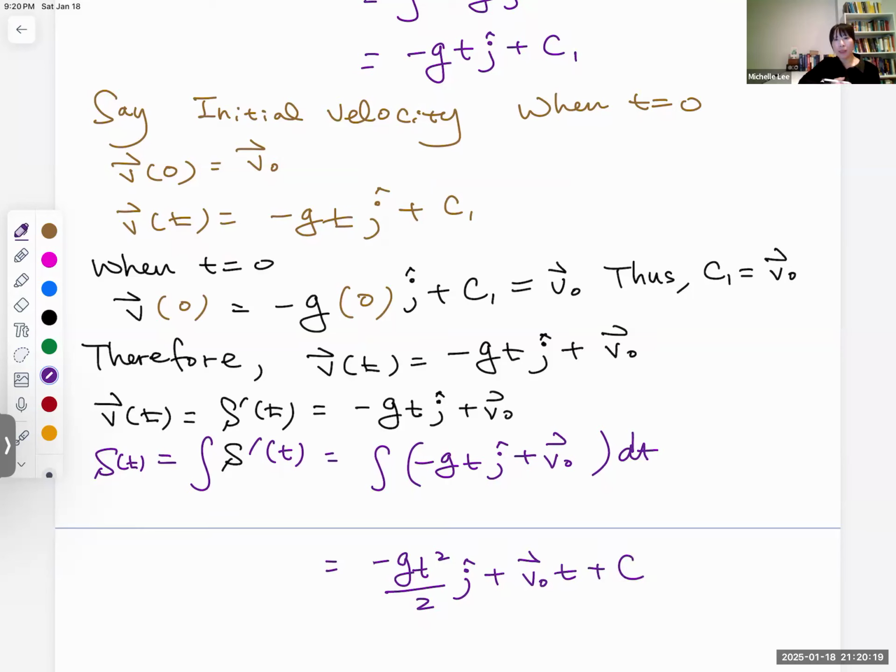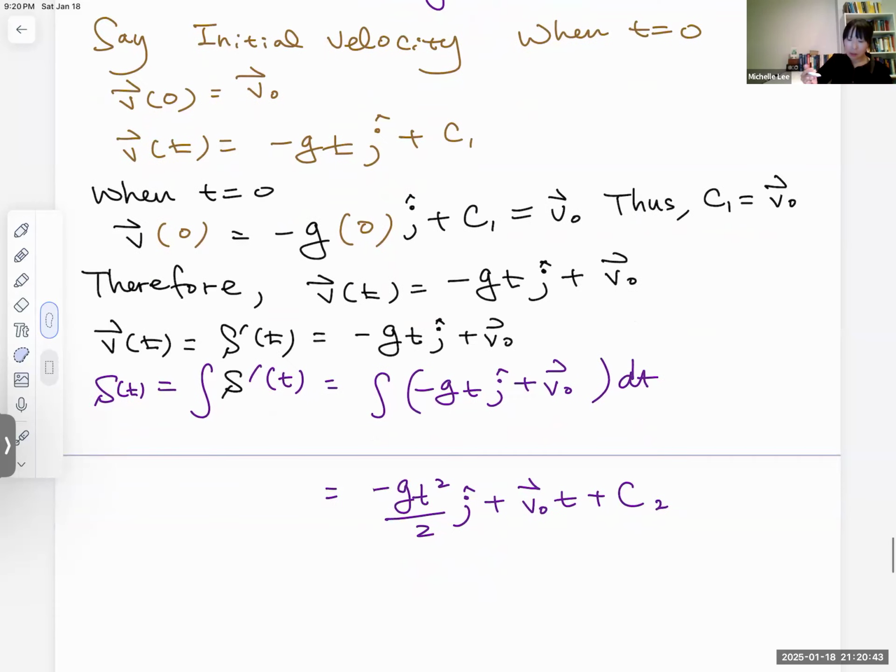Okay, let's say that this is c sub 2. All right, same concept as this one. So say the initial position when t equal to 0. This is not velocity, this is a position vector function, right?